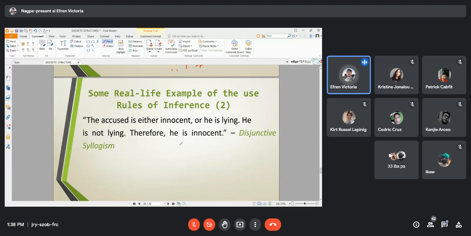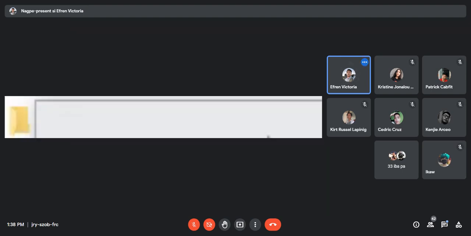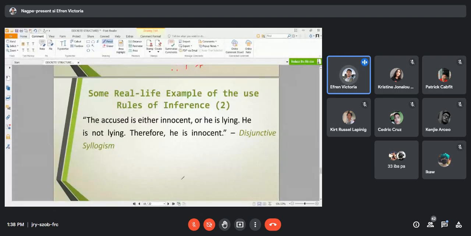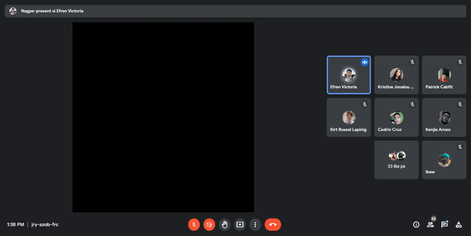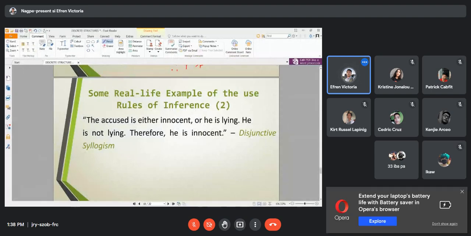He is not lying, therefore he is innocent. Okay, so tingnan natin mabuti kung bakit siya naging disjunctive syllogism.